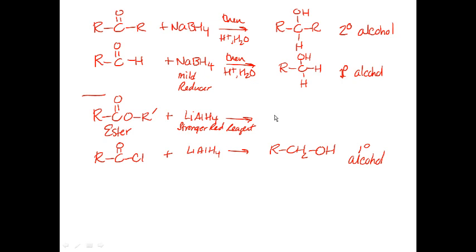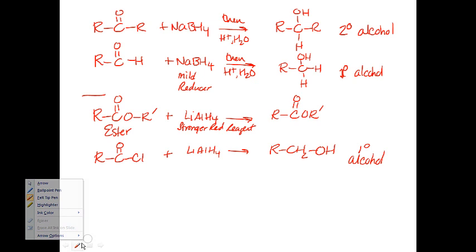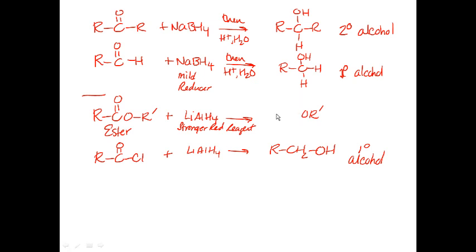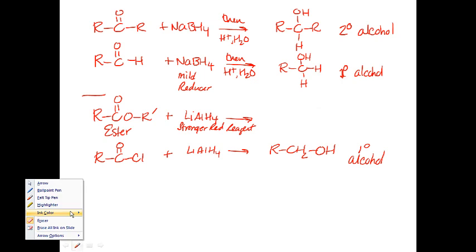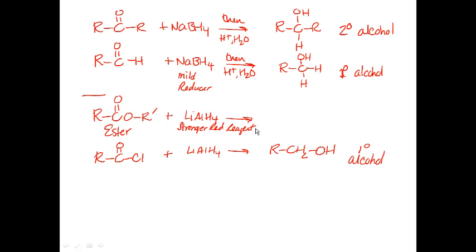And if you react an ester with the lithium aluminum hydride, then you actually end up forming 2 products. You end up forming the primary alcohol from the part that was attached to the carbonyl, and then you also end up taking this part of the molecule and basically breaking it apart and forming that alcohol.